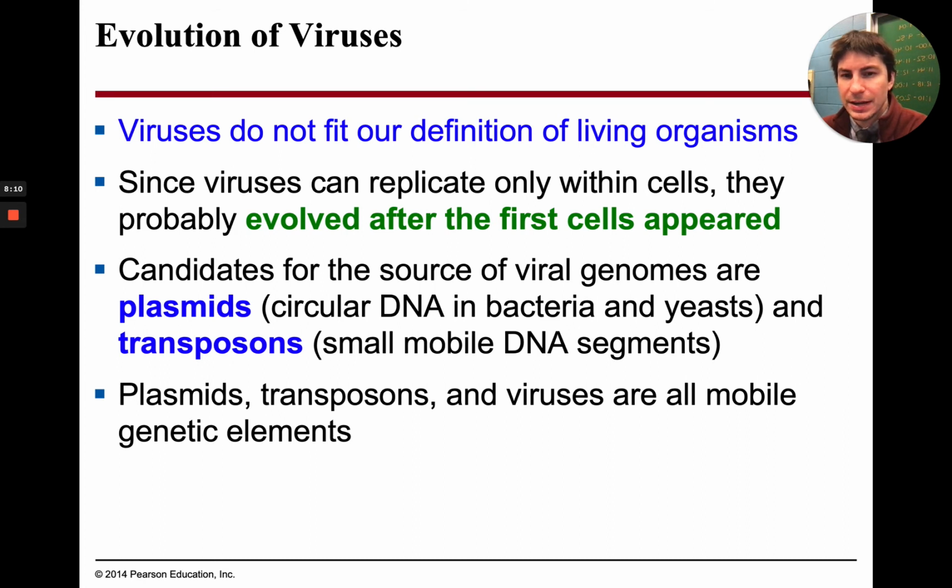That's the part of a bacterial DNA where we can insert genes of interest in order to use that DNA and have a complete set. There's also things called transposons, and these are just small mobile DNA segments. They can move around. So we think the viruses might have used both of these in order to get their DNA.